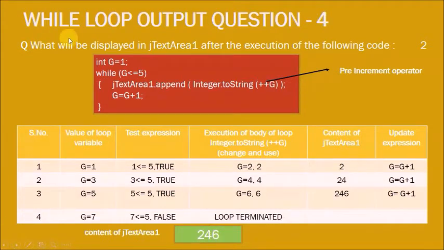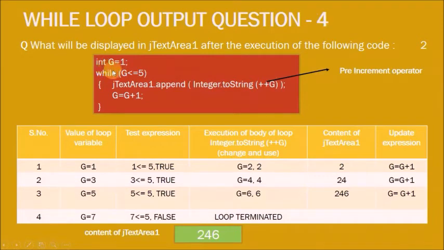Now let us do one more question, output question. Now again this is a similar question as we did in the previous slide, except that here it is plus plus g. That is, we have used the pre-increment operator and in that case we used the post increment operator. Otherwise the rest of the code is exactly the same.